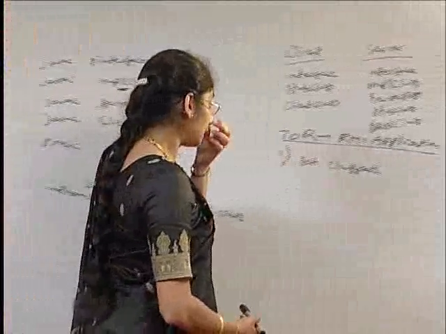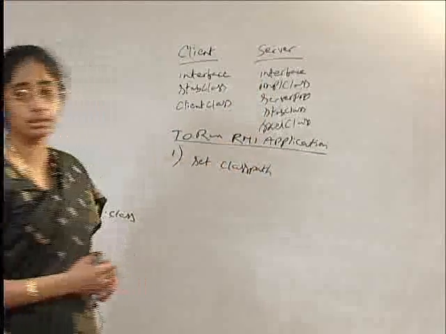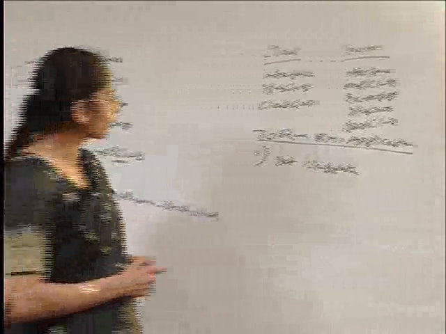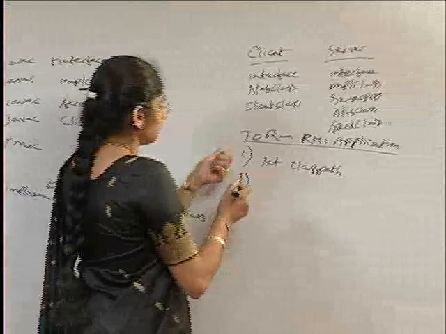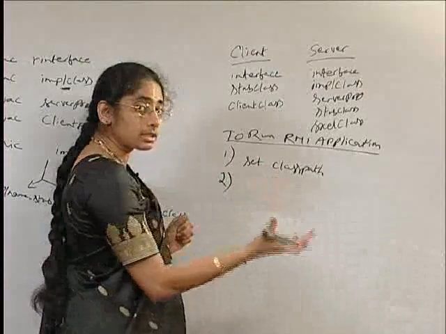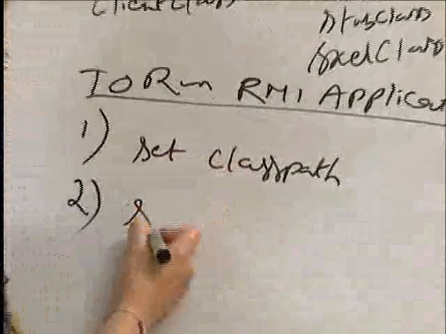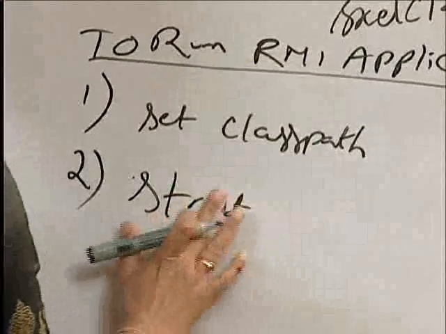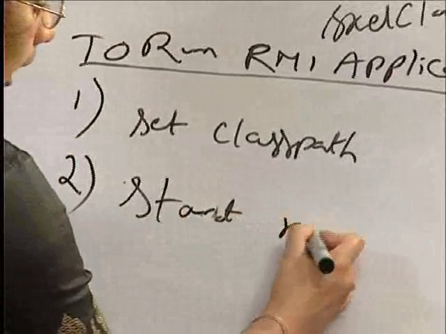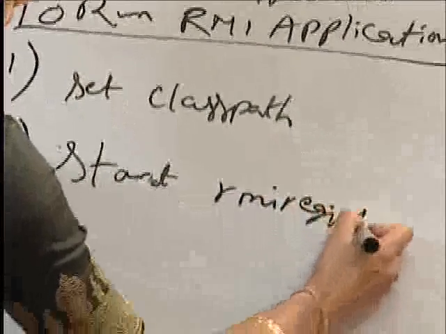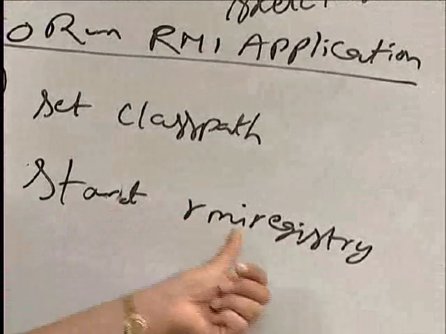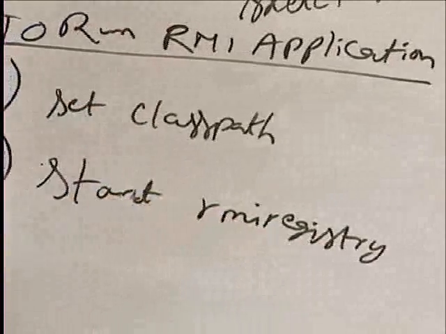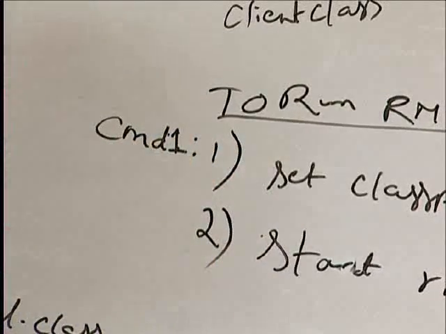So the first thing is to set the class path where the stub class and all the rest of your classes can be found, and then start the registry first. To bring up the RMI registry, you give the command start rmiregistry. Let's say all this is being done at one command prompt that I have opened; let's call it command prompt 1.